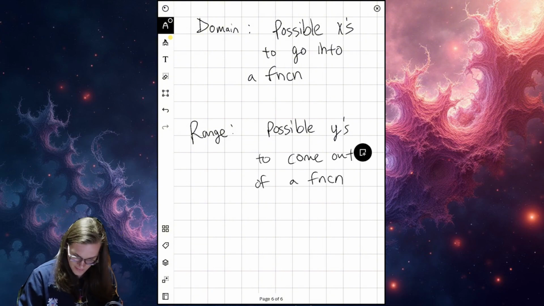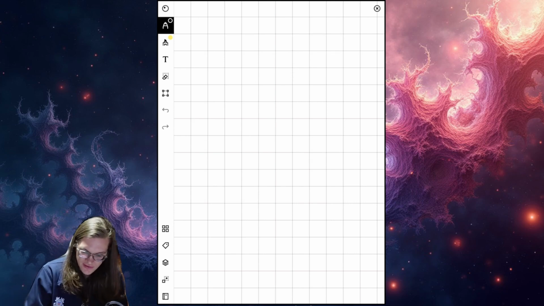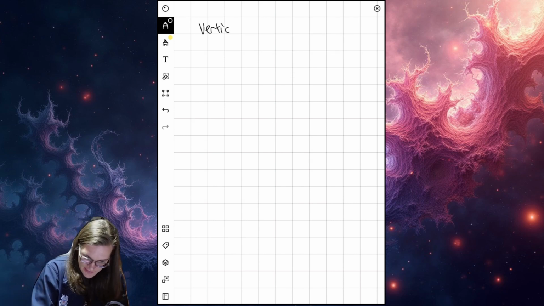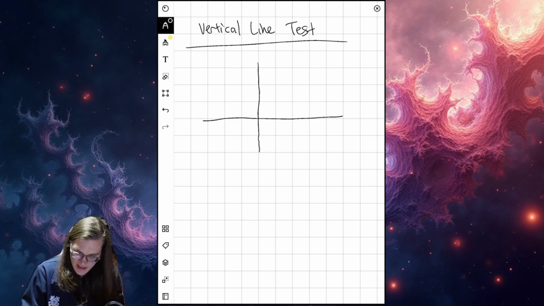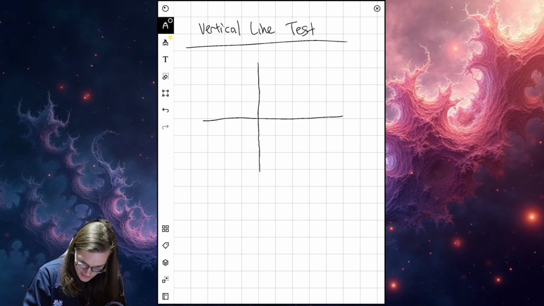Good? Good. So there's a thing called the vertical line test. What the vertical line test says is, if you're looking at a function, then drawing a vertical line anywhere, which means parallel to the y-axis, just straight up and down, will only touch the graph one time.